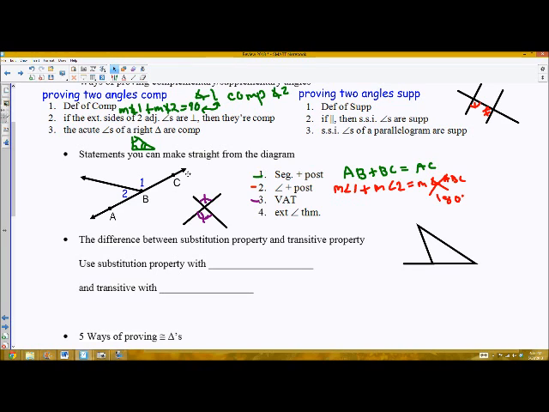This exterior angle, whatever it be, here would be equal to the sum of these two remote interior angles.